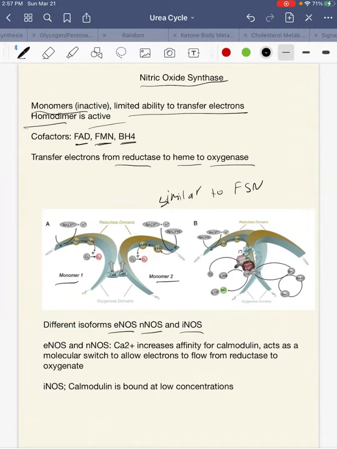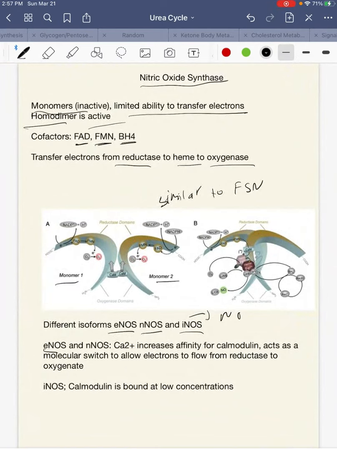Remember we said nitric oxide is a signaling molecule. So depending on what the nitric oxide acts on, they have different names. For example, iNOS will mainly make nitric oxide to act in inflammation. That's why it's called iNOS. So it helps in inflammation. And then eNOS and nNOS have different functions, of course.